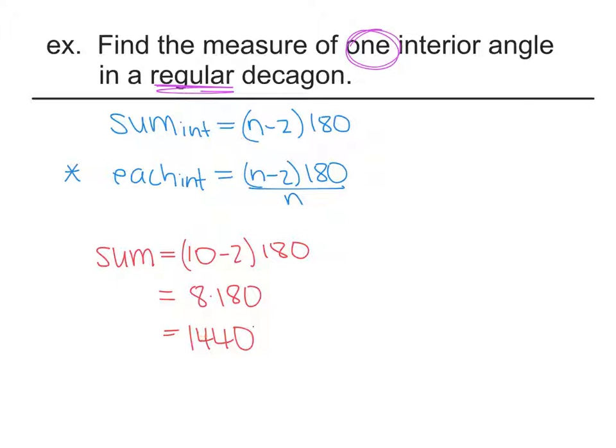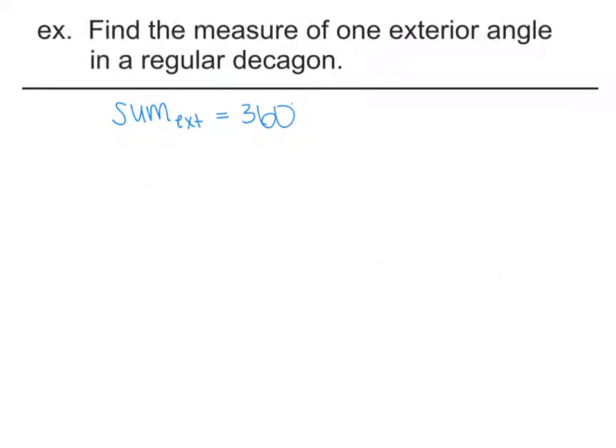But I don't want the sum. It says find one of them. So because my shape is regular, each angle is the total 1440 divided by the 10 angles. So one interior angle has a measure of 144 degrees.